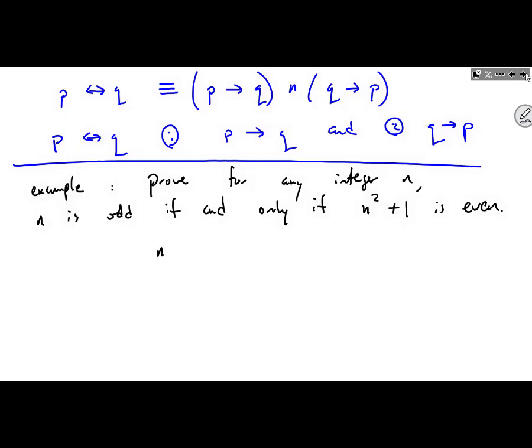This is n is odd if and only if n squared plus 1 is even. Okay, so let's go with the forward arrow first. And we get to assume that n is odd, and we must show that n squared plus 1 is even.